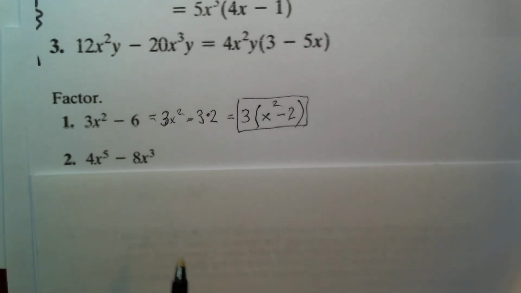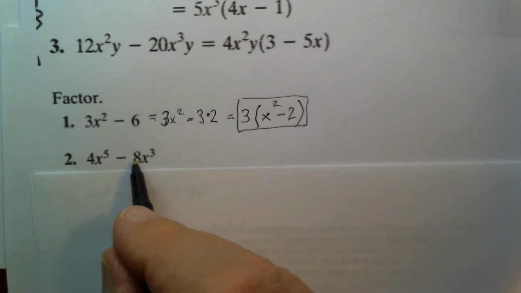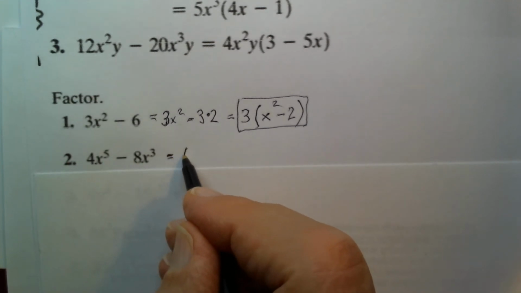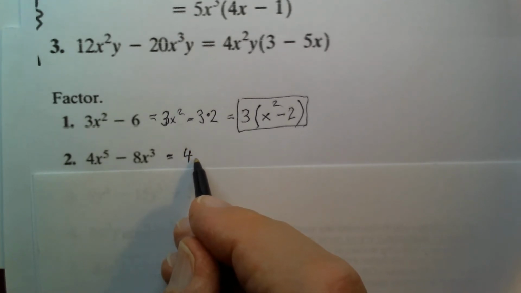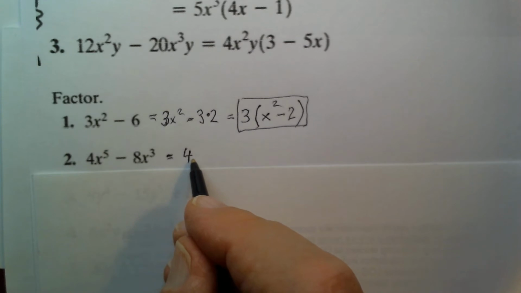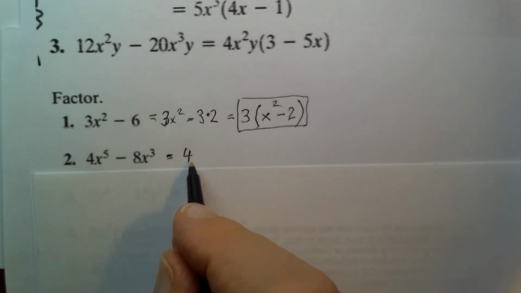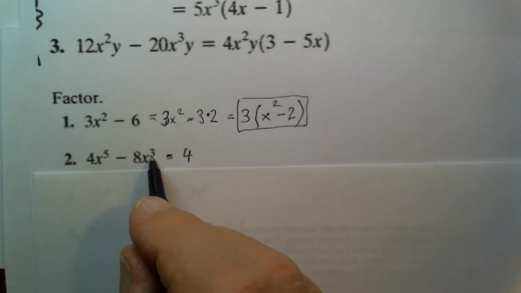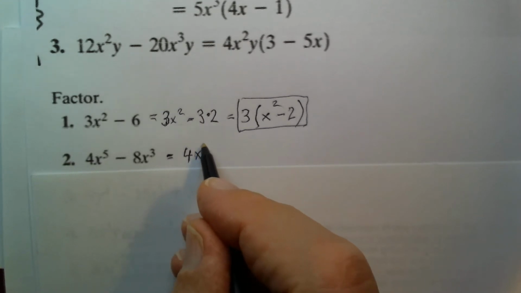And when we look at example number 2, we notice that among the coefficients, 4 and 8, the greatest common factor is 4. I mean, there are other common factors, like 2 and 1, but we want the greatest common factor that we can factor out. And 4 is the greatest common factor. And then the x is in each term, but the lowest power of x is 3, so we can factor 4x to the third.